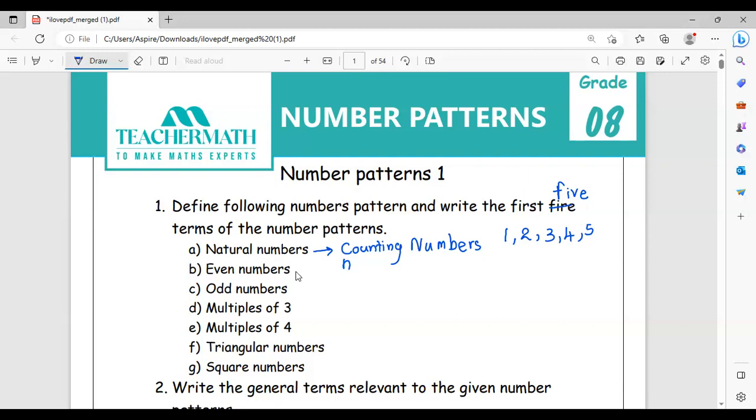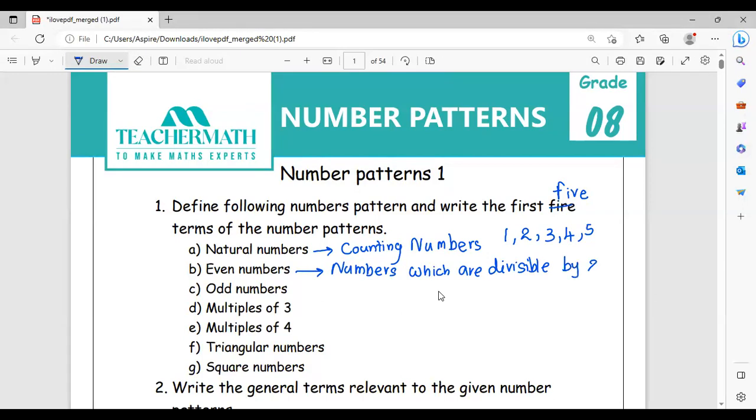Even numbers. Even numbers are numbers which are divisible by 2, no? දෙකෙන් බෙදෙන සංඛ්‍යා. Numbers which are divisible by 2.